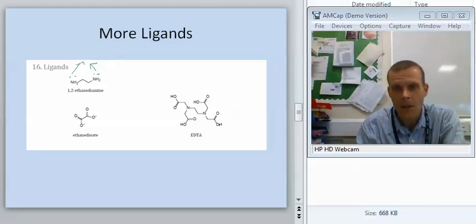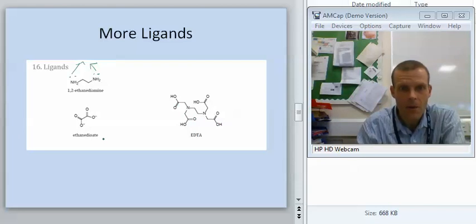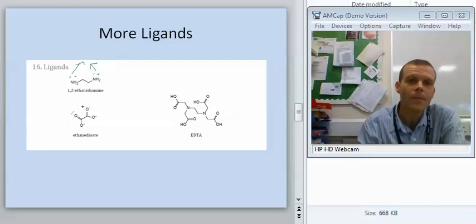This one potentially could form several more than that, could form 4, and this one could also form a couple as well. So if we've got our lone pairs, we can get more than one dative covalent bond coming out of our ligand.